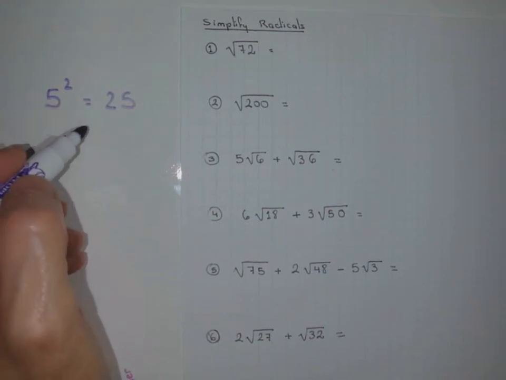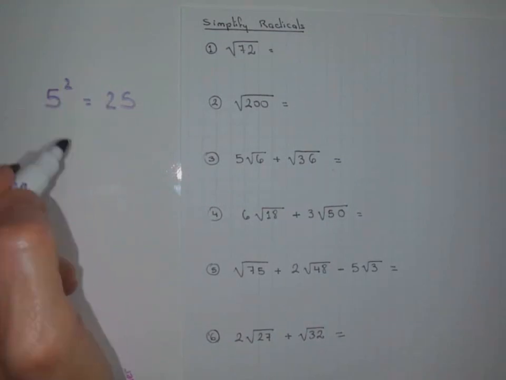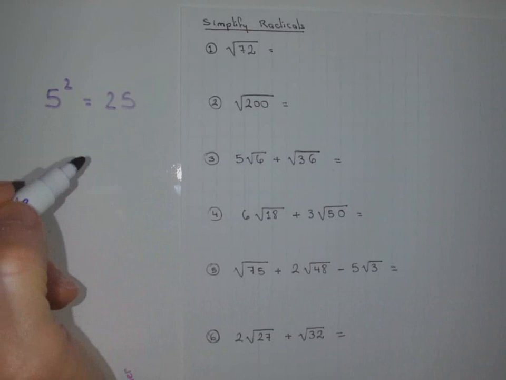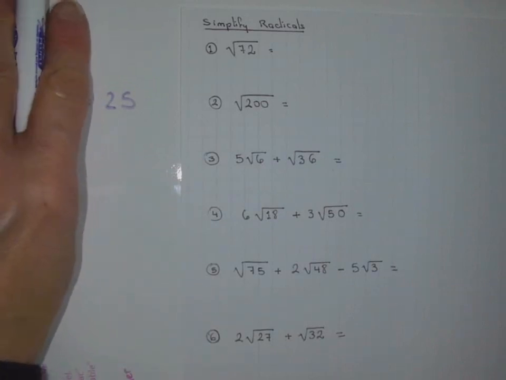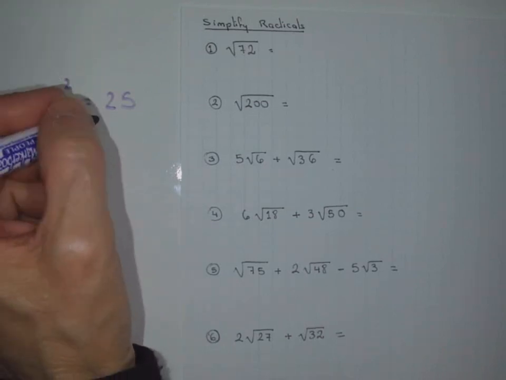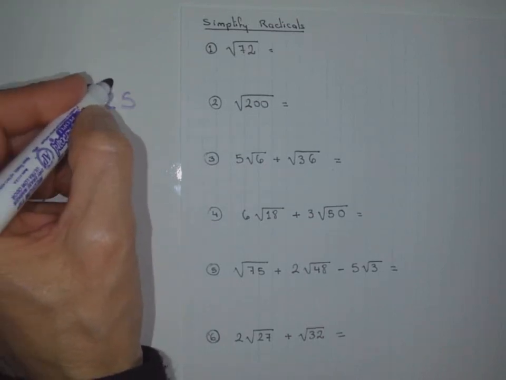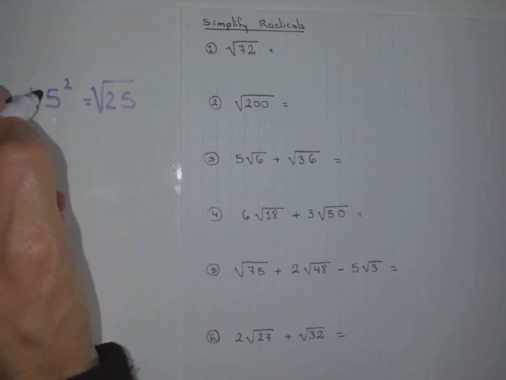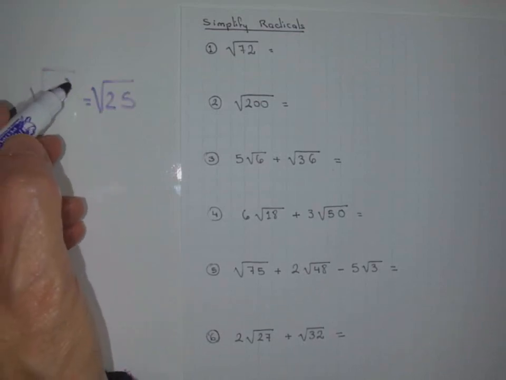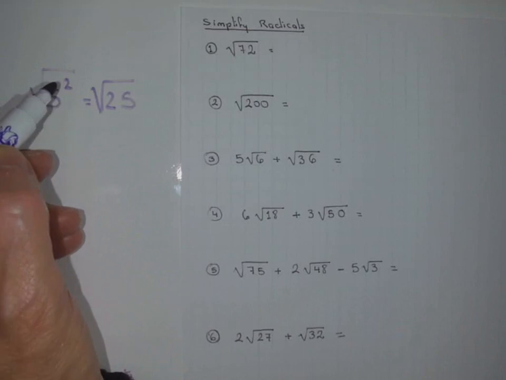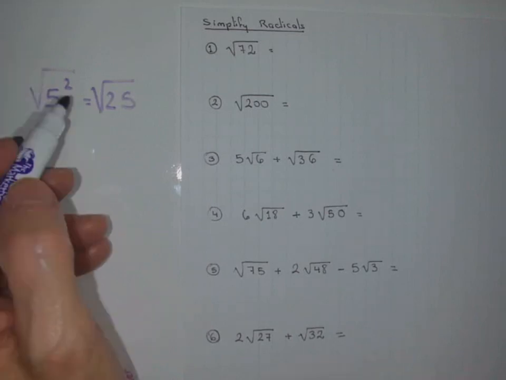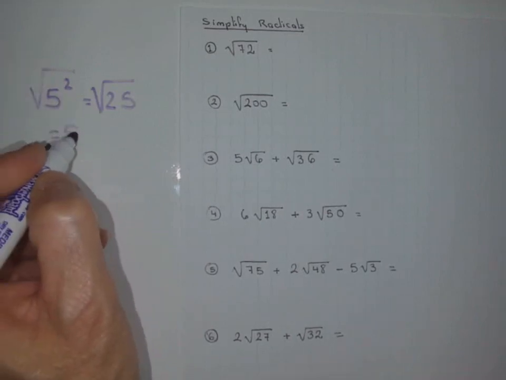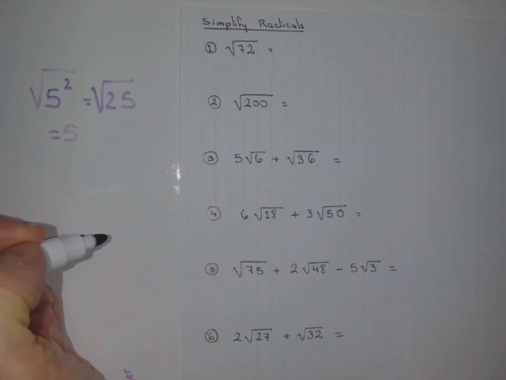When I have my 25 and I don't see the 5 anymore, I want to undo what has been squared. To undo that, we take a square root. Taking a square root will undo the squaring, and that will just be equal to 5, back to where we had it at first.